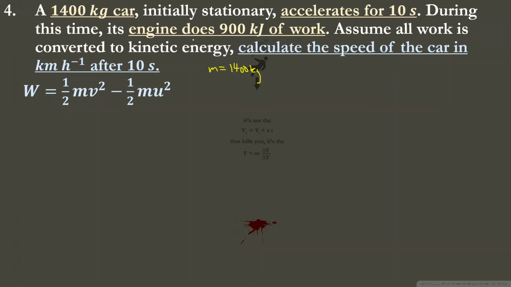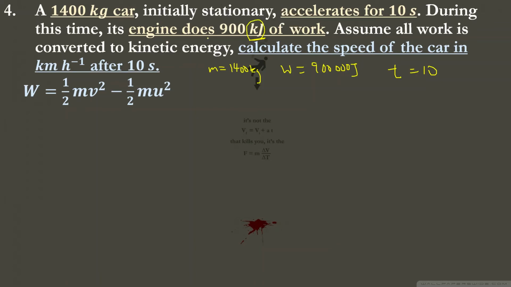The work done is 9000 joules. So that was in kilojoules, I just need to convert that into joules. And we have some form of acceleration for 10 seconds. So time is about 10 seconds. Calculate the speed after 10 seconds.